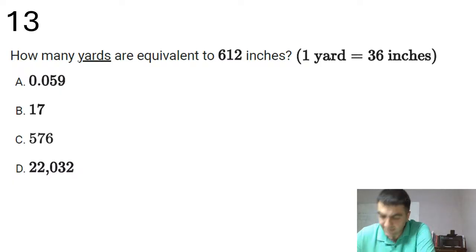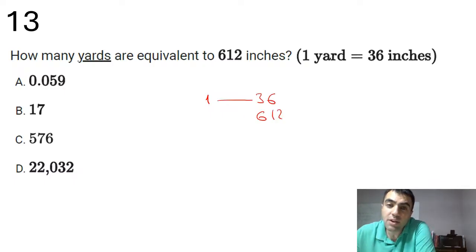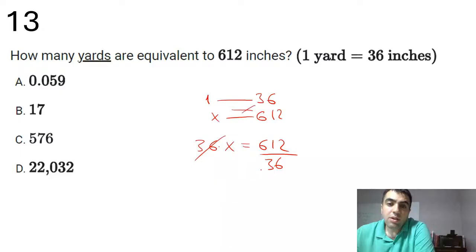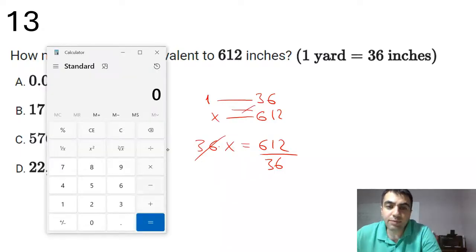Mr. Tunjay says it is B. How many yards are equivalent to 612 inches? If 1 yard is 36 inches and x yards is 612 inches, cross multiply: 36x is equal to 612, and let's divide with calculator. 612 over 36 is 17, huh?